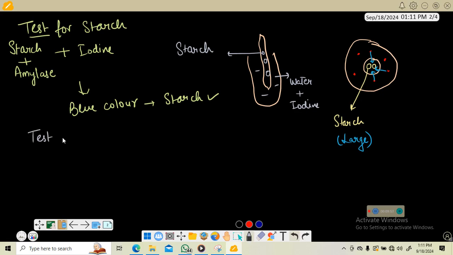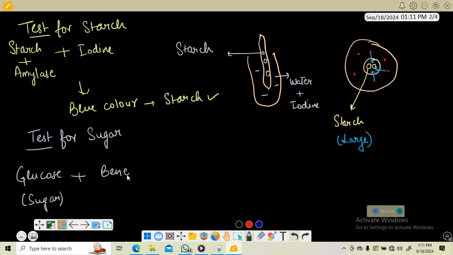Similarly, we have a test for sugar also. For sugar we add Benedict's reagent.